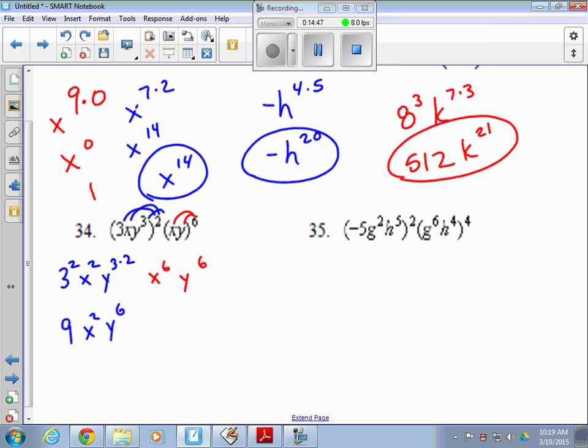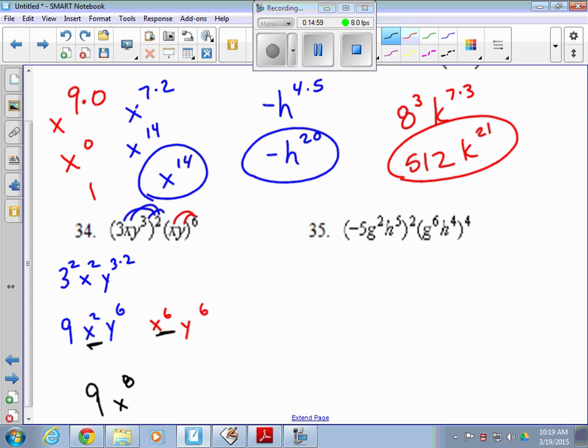So now you have the same bases multiplying by each other. 9 is alone, x squared times x to the 6th. That's x to the 2 plus 6, or x to the 8th power. y to the 6th times y to the 6th. Again, that's y to the 6 plus 6, or y to the 12th power. 9, x to the 8th, y to the 12th.